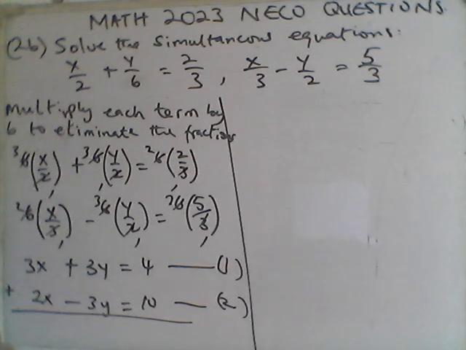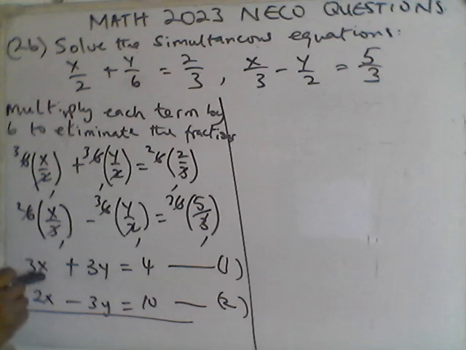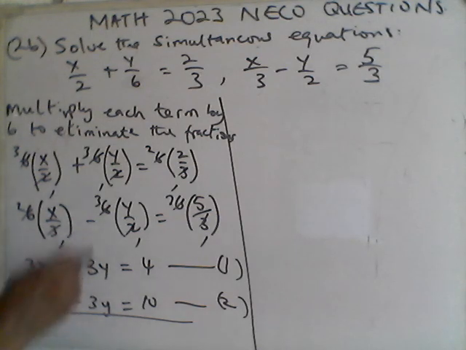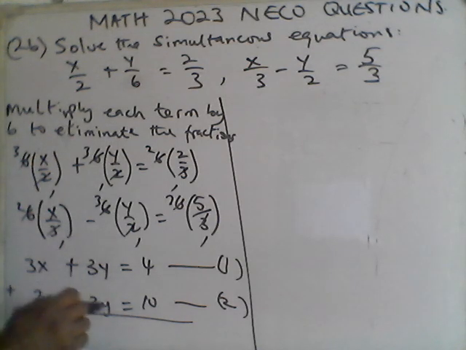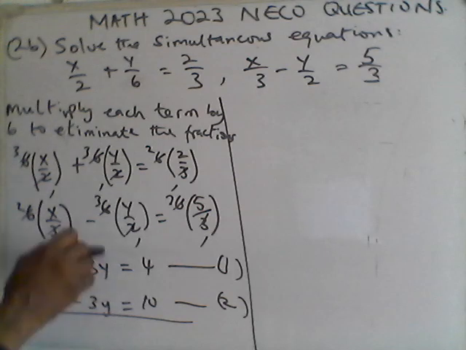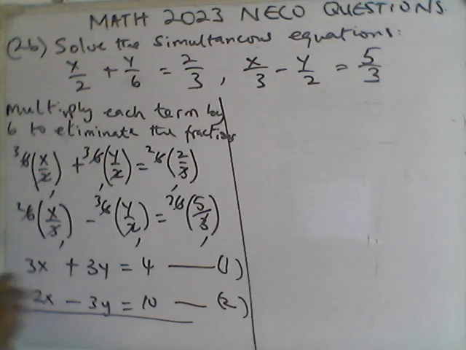Two conditions for me to use the elimination method properly. The first condition is that I look at this coefficient of x here, x and x, this is 3 and 2. I cannot readily apply elimination on this particular term. If I look at this one, the coefficient of y is 3 here, and the coefficient of y here is 3. So I can actually eliminate these two if I use either subtraction or addition.